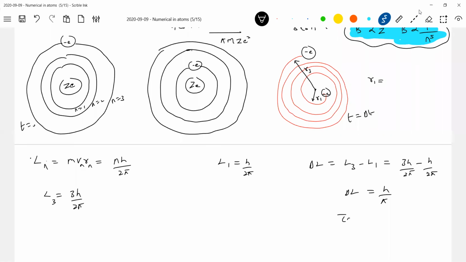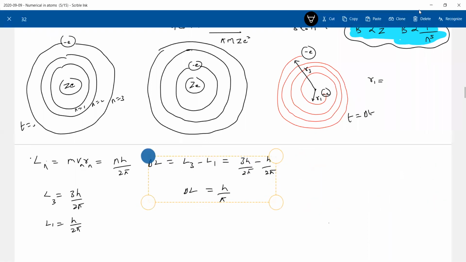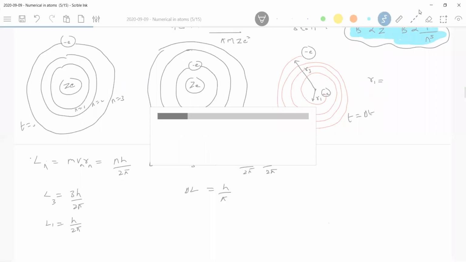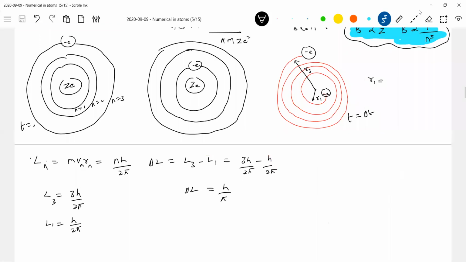And it took some time, no? Therefore, the average torque acting on the atom. Let me write all the things here. What is the time it will take for this transition to occur? Delta t. So what is the average torque acting on the atom? Can we find out? I gave the time, and we know the change in angular momentum.